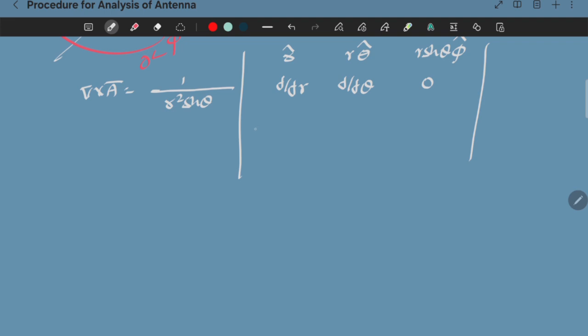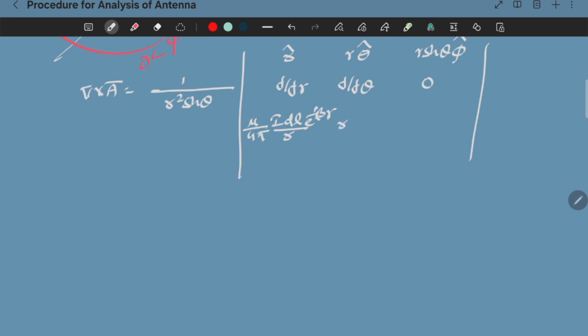So here I have to write μ/4π · Idl · e^(-jβr)/r. Next I need to write the r, aθ components.